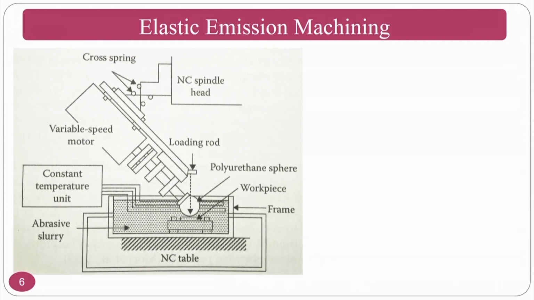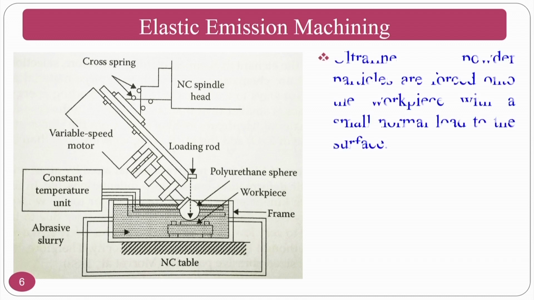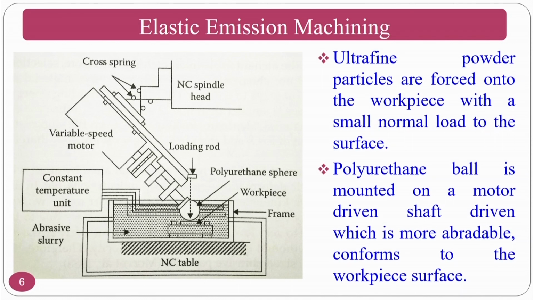So, how does elastic emission work? If you see the elastic emission process, there will be a polyurethane ball here. This is a polyurethane ball, which is basically the tool, on a workpiece, and you can find there is a micron gap between your polyurethane sphere as well as the workpiece.